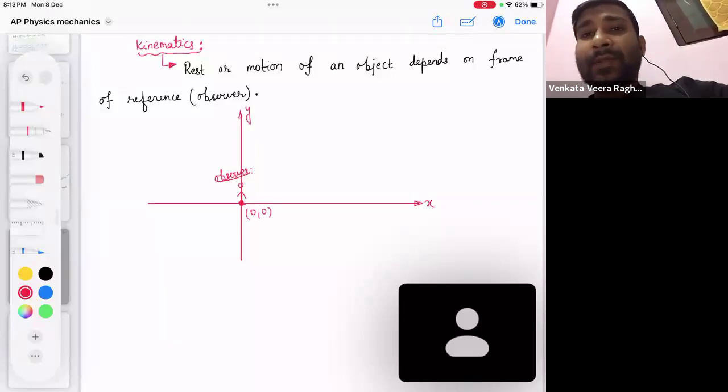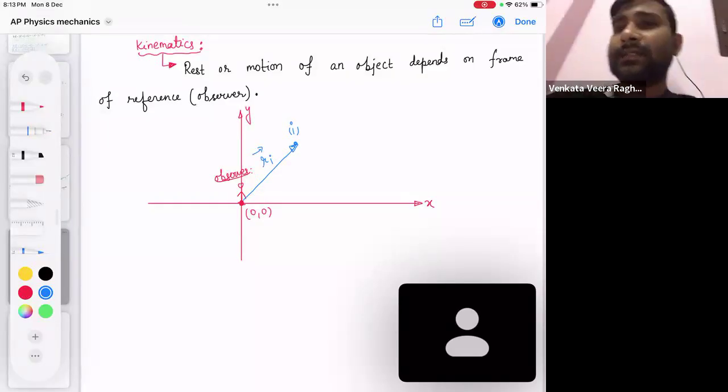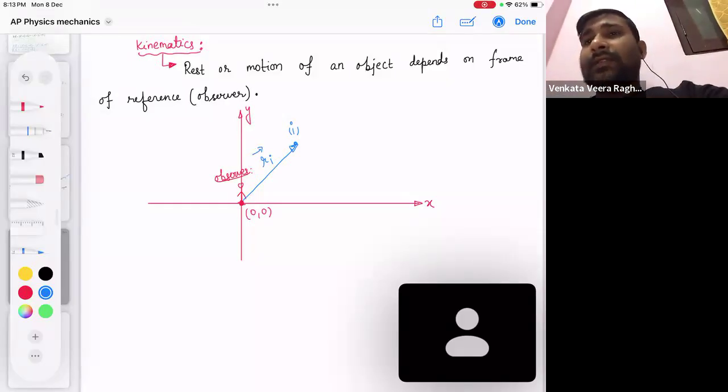So now, let's say with respect to this observer, the particle is initially somewhere here. Let's say that is the initial position of the particle. So this vector, can I write it as Ri?